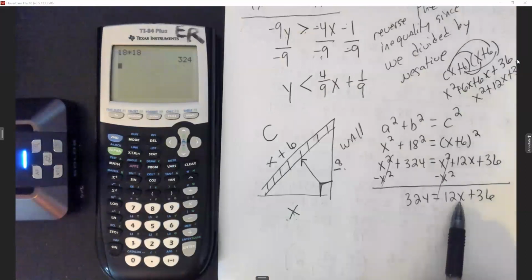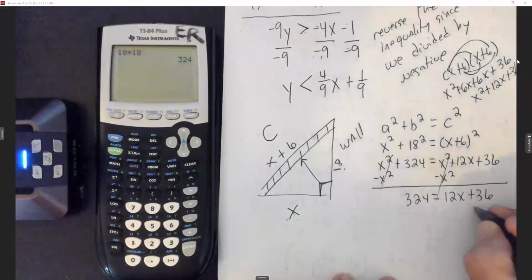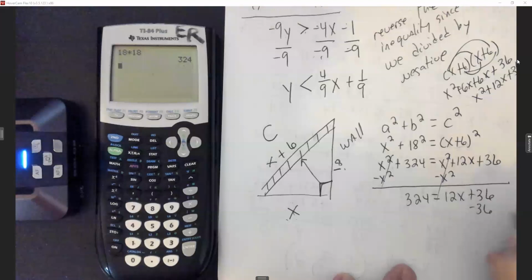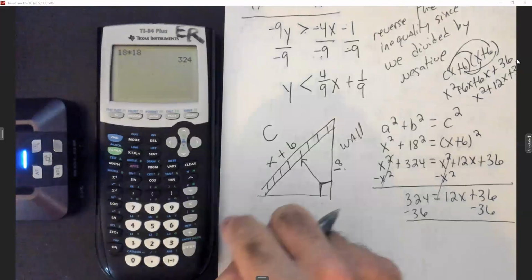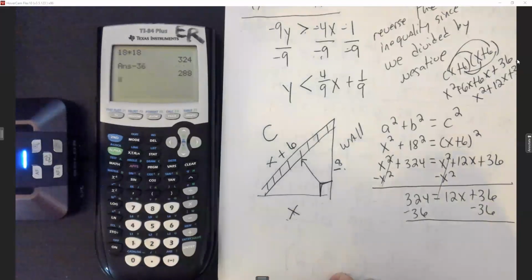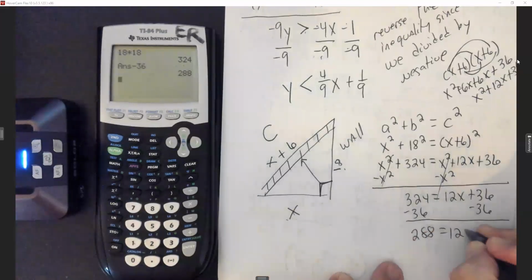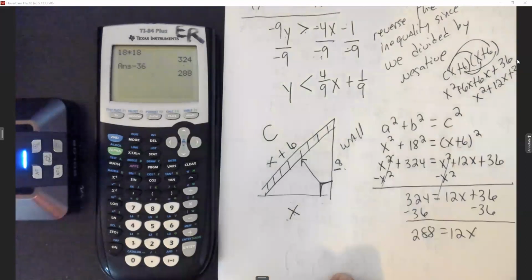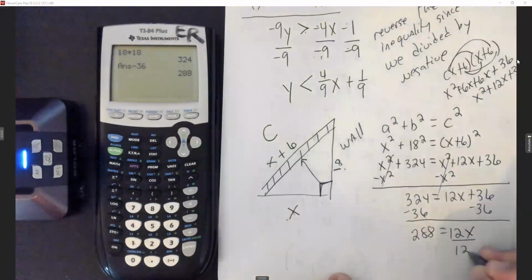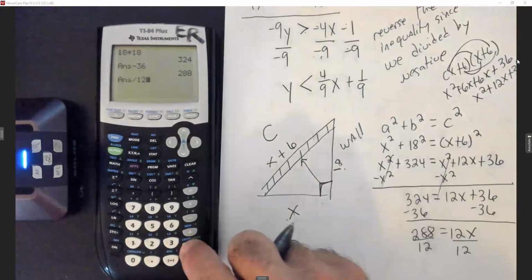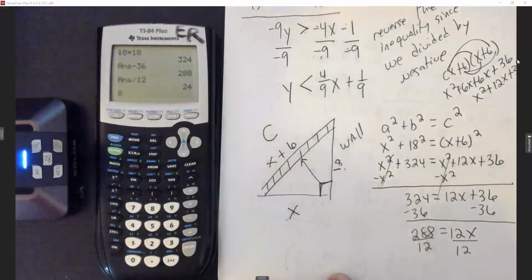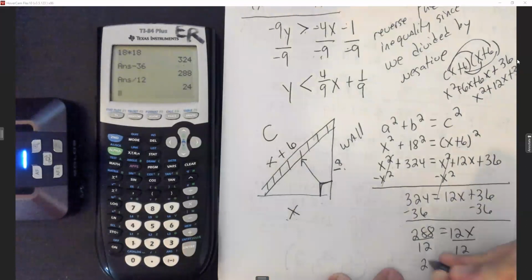So let's start by subtracting 36. So 324 minus 36 gives me 288, equal to my 12x. And then finally divide by that 12. So that 288 divided by 12 is going to give me 24 equal to my x.